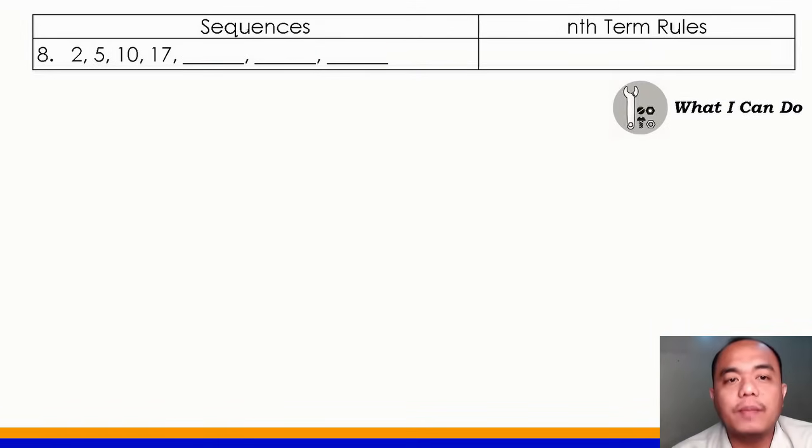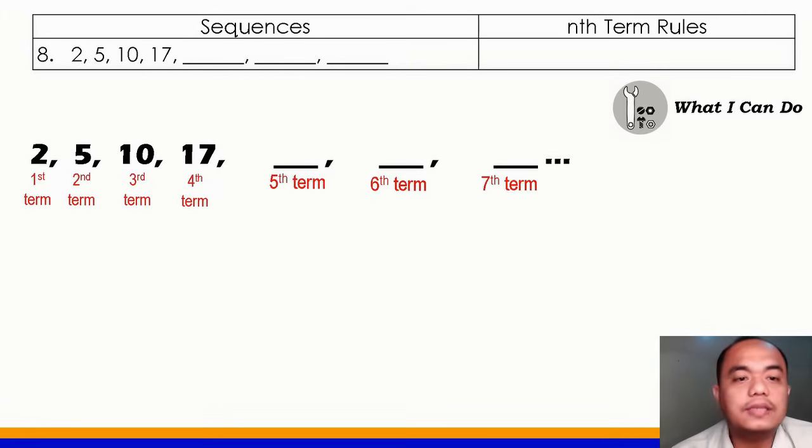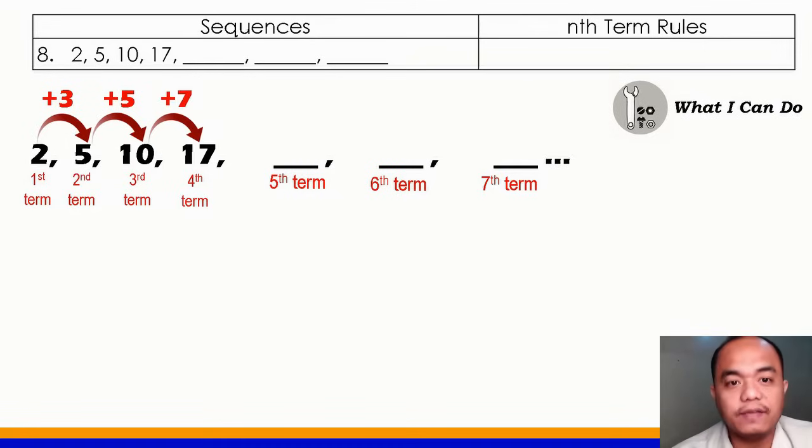Okay, let's have number 8. We have 2, 5, 10, and 17. So these are the term numbers of each term. So obviously, we have a common difference of 3 between second term and the first term. Yung third at saka second term, may difference na 5. At saka yung third, yung fourth, may 7 na common na difference.